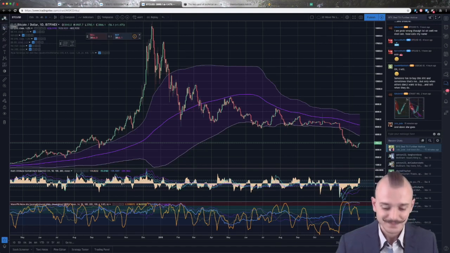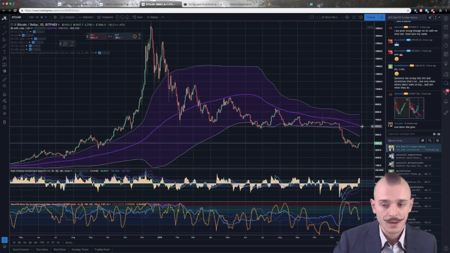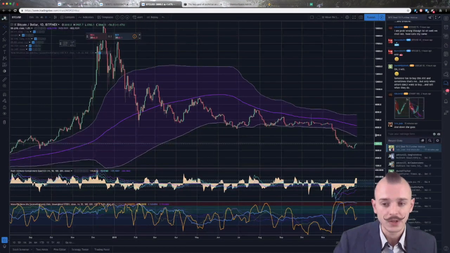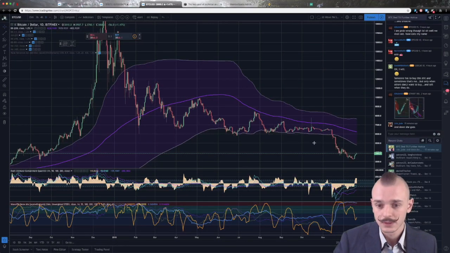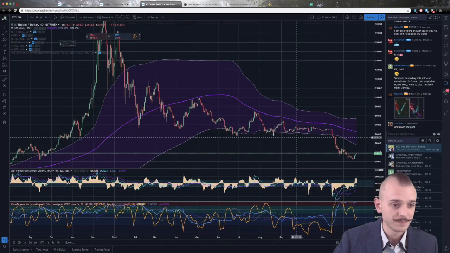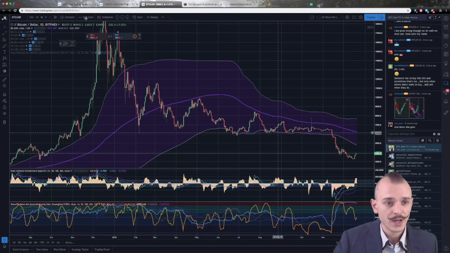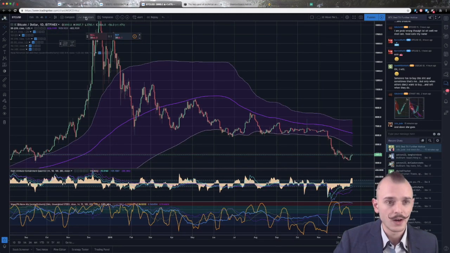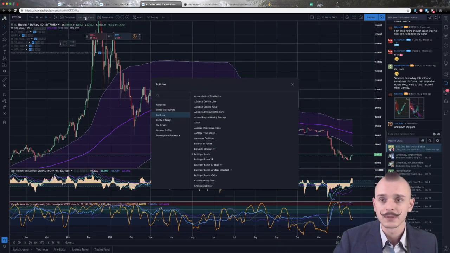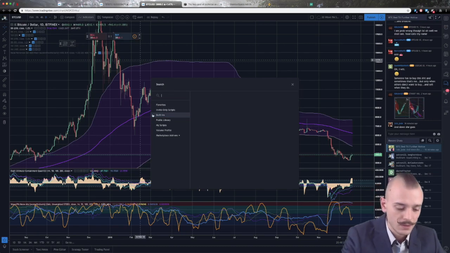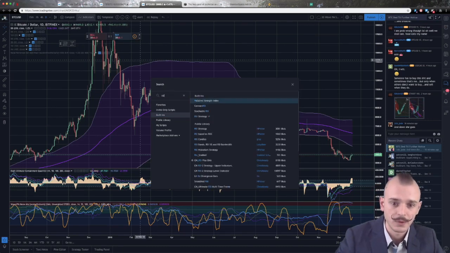So, let's talk about this. If everyone uses the same information, are they likely all going to be correct? Not particularly, right? No. Let's load up a basic default indicator on our chart and watch what happens. Let's load up RSI, okay?